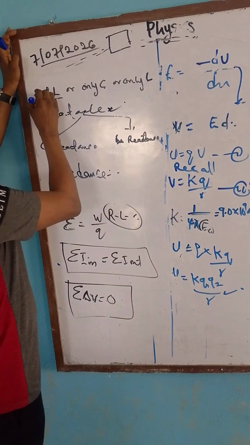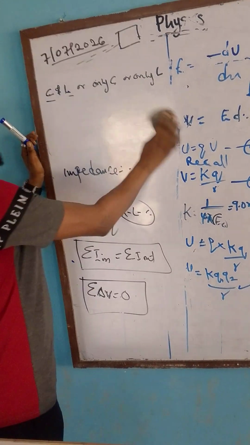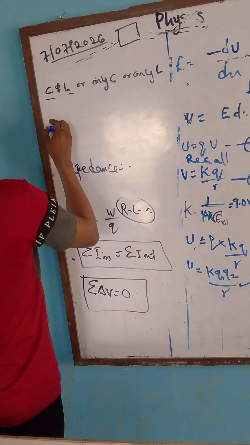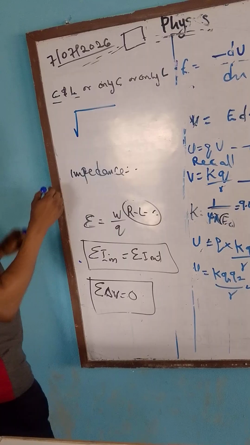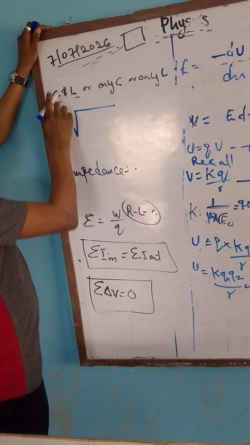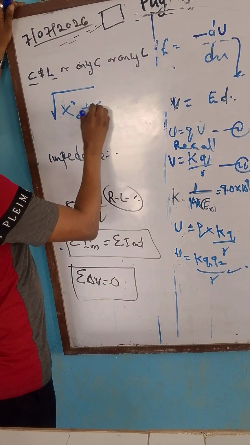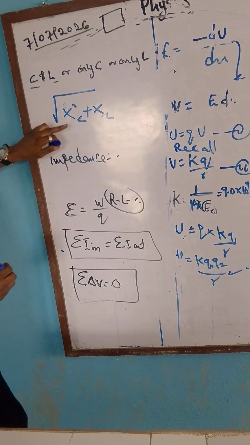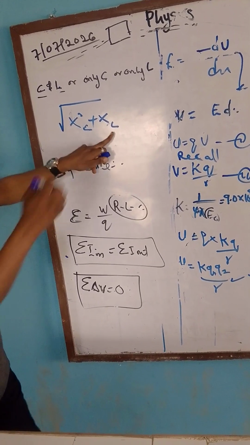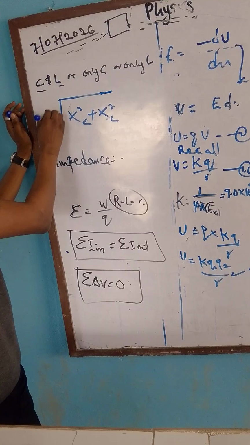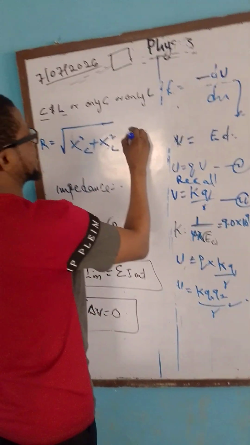Now, if I have only a capacitor and an inductor, which is called reactance, the formula then I can have as the square root of, let's say, capacitor, okay, then, so this is called capacitive reactance and this is called inductive reactance.